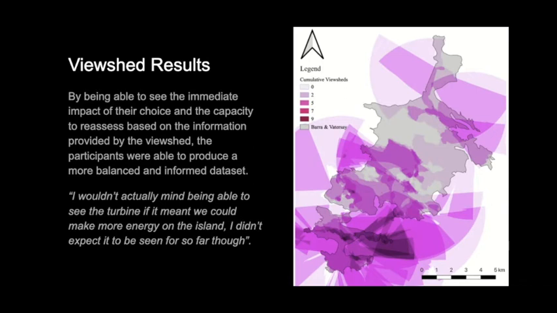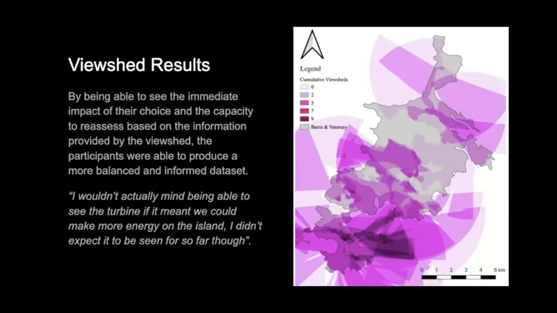One participant in particular, very conveniently for my research, initially clicked the area around their home as an area that they would prefer not to have a turbine. But then on seeing the larger area this would also prevent from having a turbine, as shown by the viewshed, because it's produced in real time, they retracted their input, saying that in fact they didn't think it would be able to be seen for so far and would rather have the energy as the visual impact is worth it.